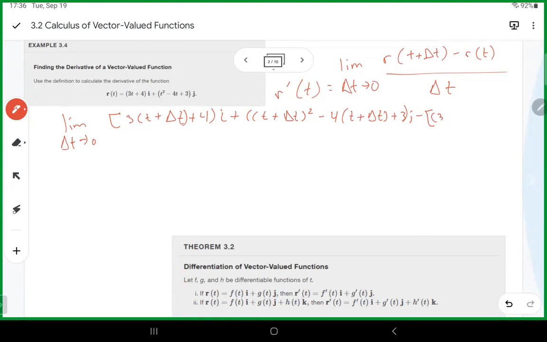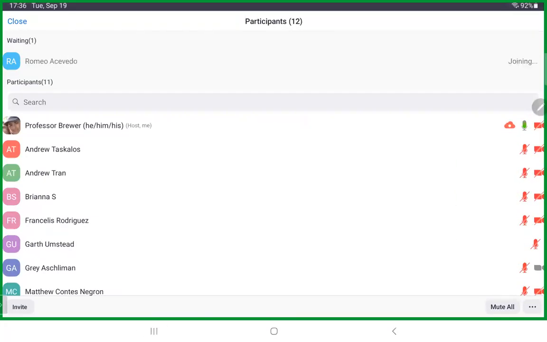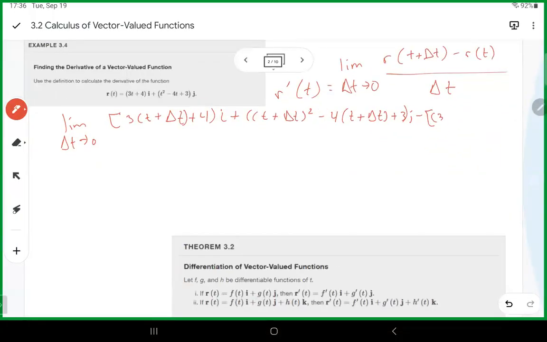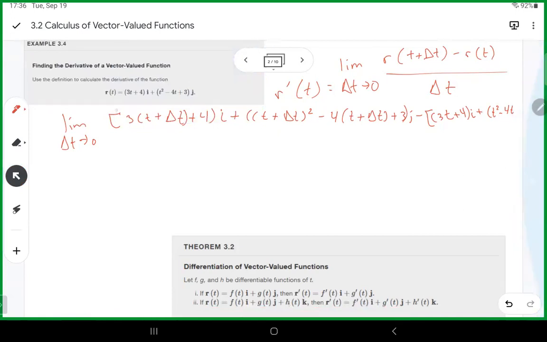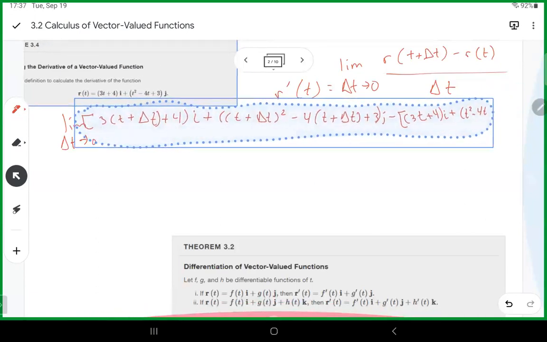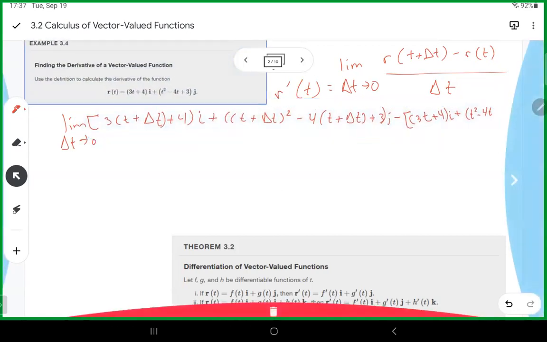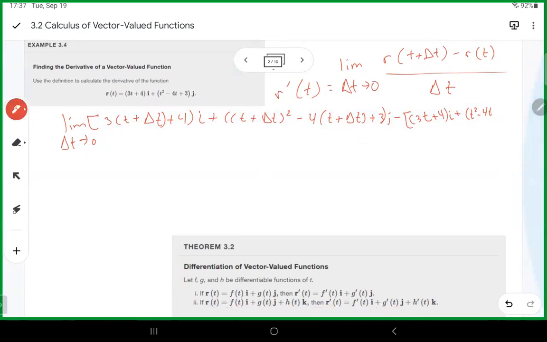Some of these are definitely super long problems. I think I gotta scoot it over. Hold on.